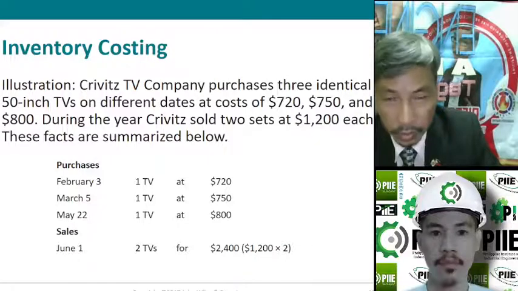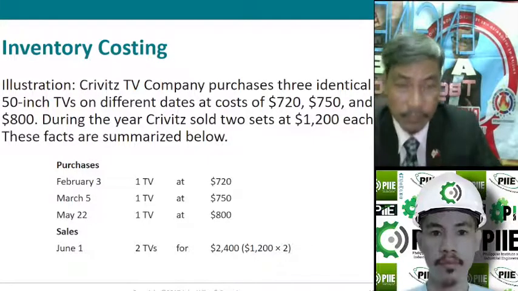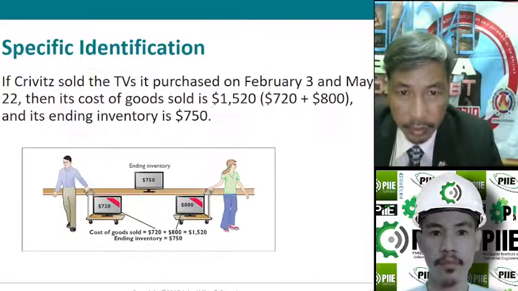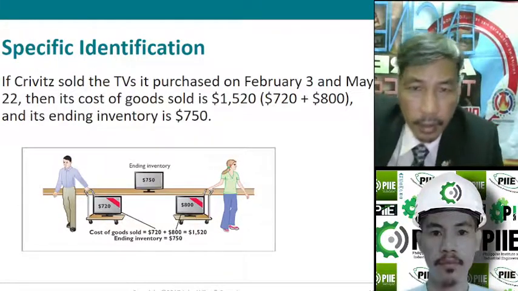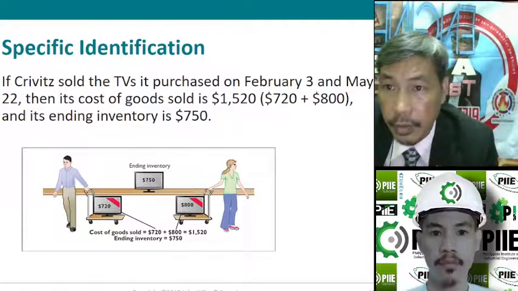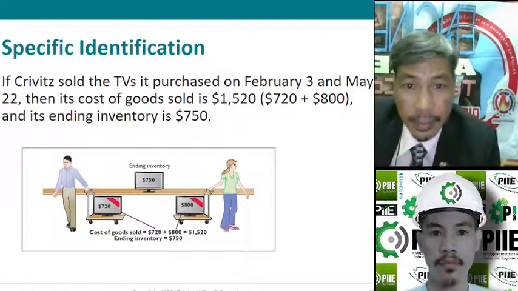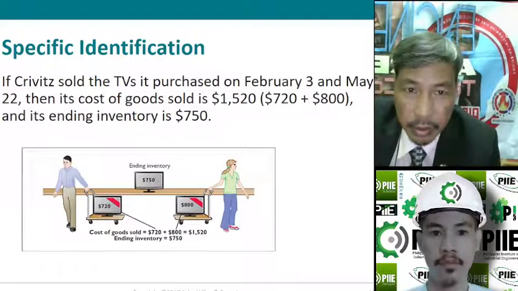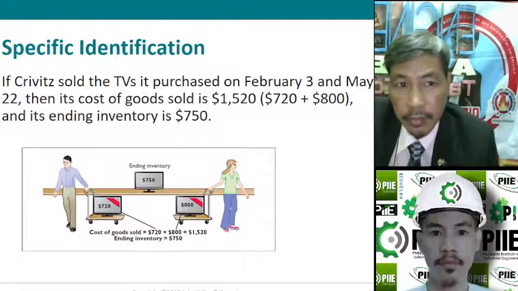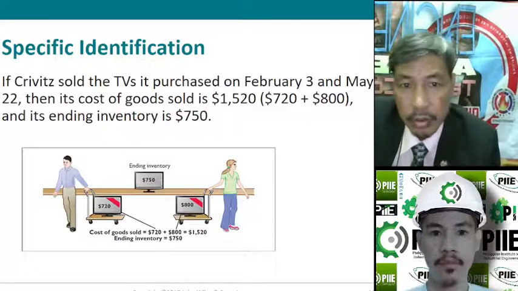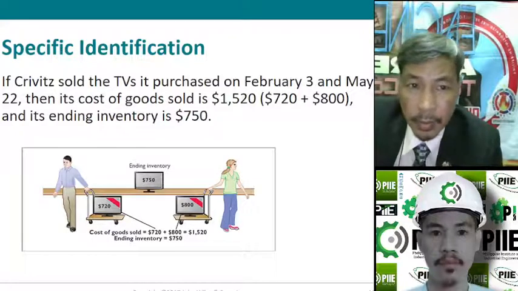So, 1,200 per unit. So, use these facts and we have specific identification. So, this is number 1 method. If Krivitz sold the TVs purchased on February 3 and May 22, then its cost of goods sold is 1,520.